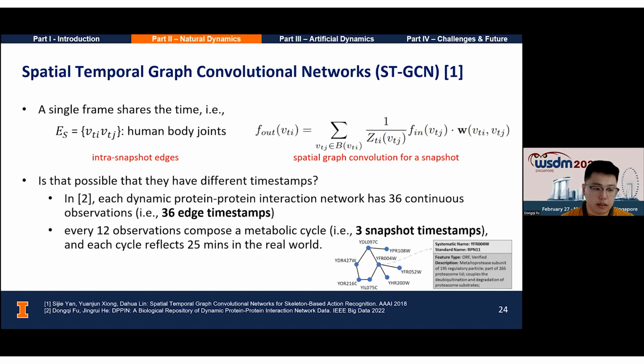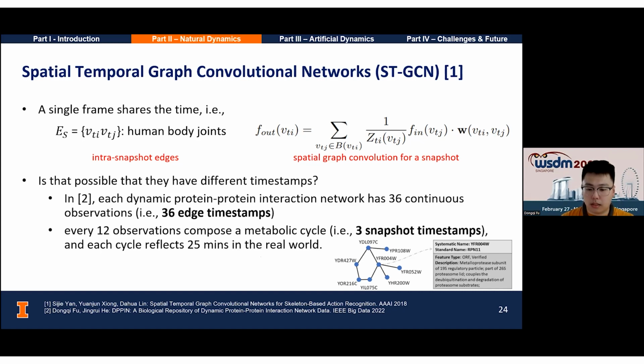For example, in the dynamic protein-protein interaction network of yeast cells, it may have 33 continuous observations that are 33 edge time steps, and every 12 observations compose a metabolic cycle, which means we have three snapshot time steps in total.